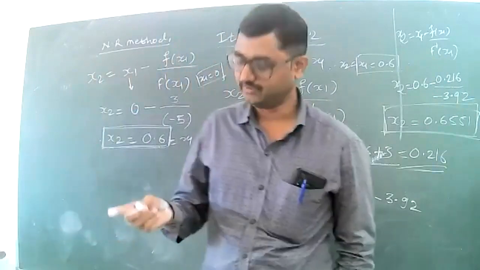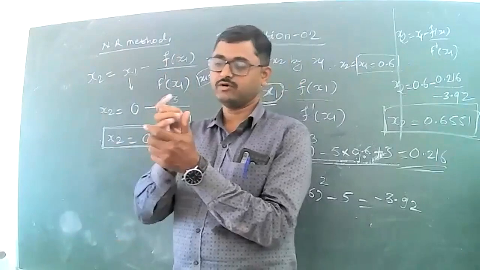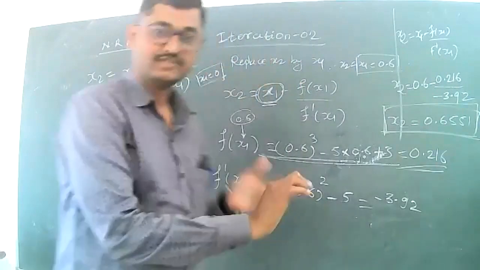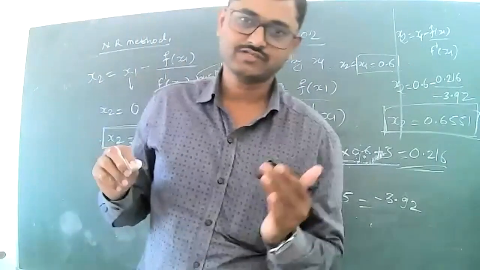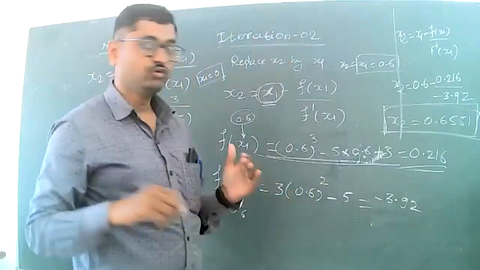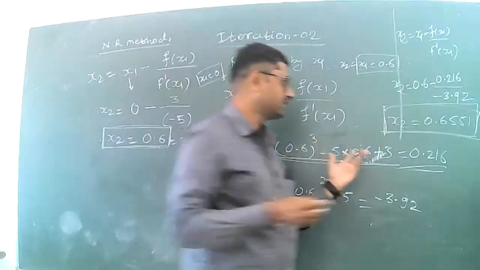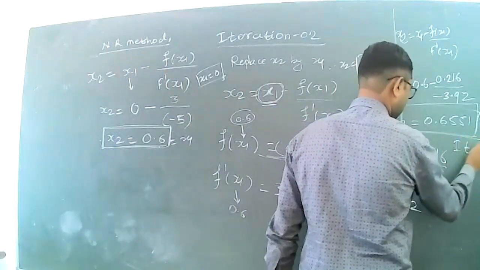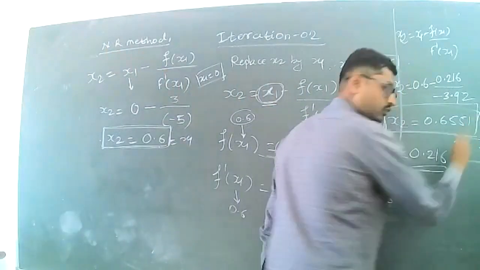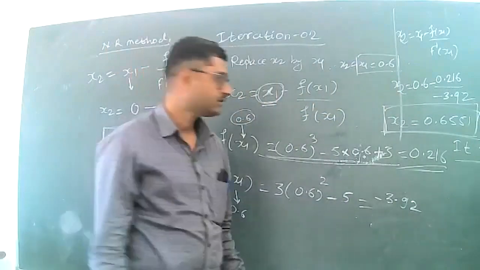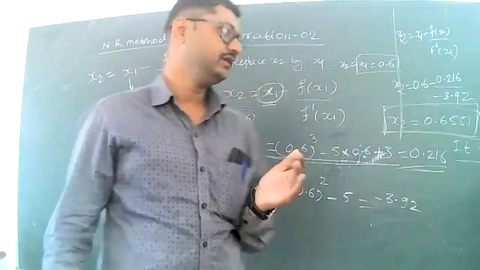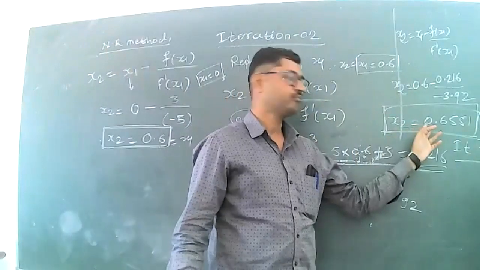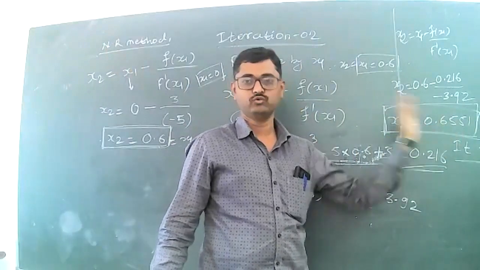Again for iteration number 3, we have to repeat the same procedure. The first step is to replace x2 by x1, so for iteration number 3, x1 is 0.6551.